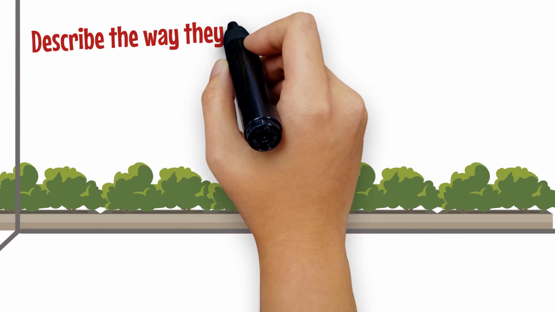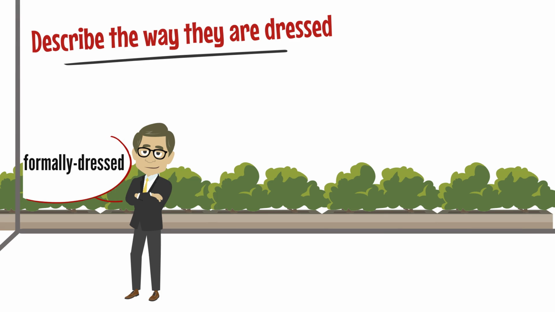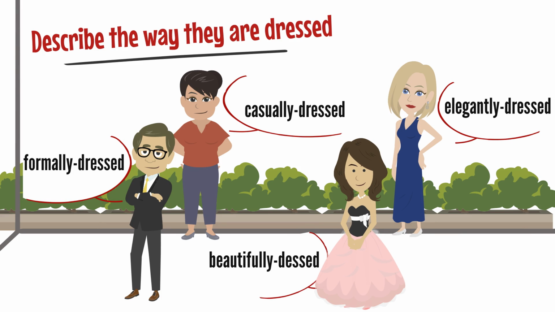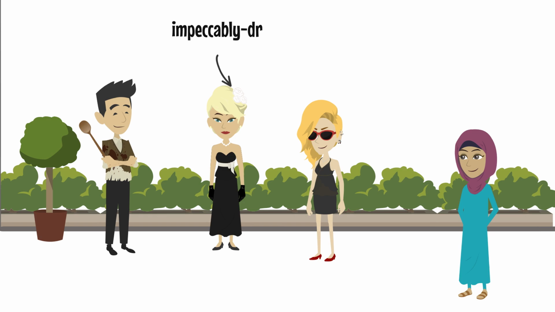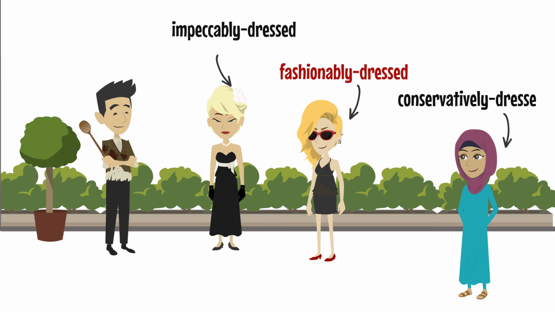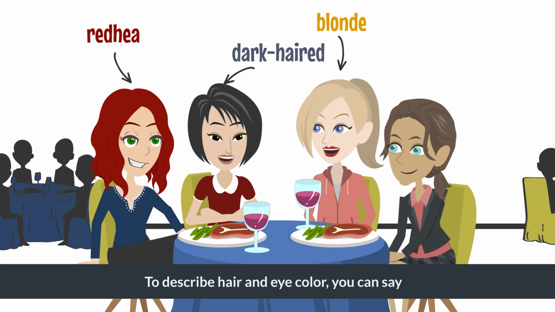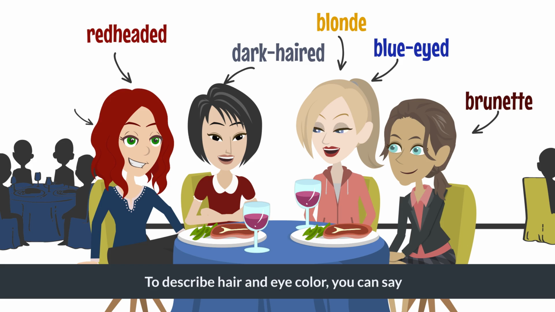To describe the way they are dressed, you can say formally dressed, casually dressed, beautifully dressed, elegantly dressed, impeccably dressed, fashionably dressed, conservatively dressed, inappropriately dressed. To describe hair and eye color, you can say blonde, dark haired, red headed, brunette, blue eyed, green eyed, or black eyed.